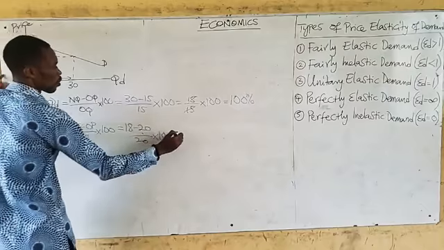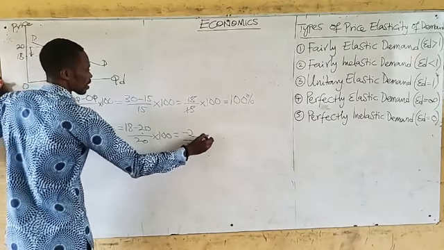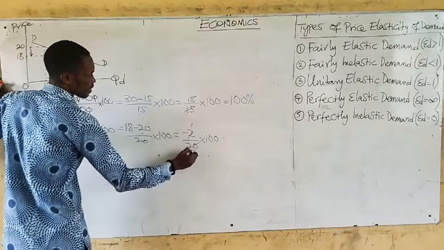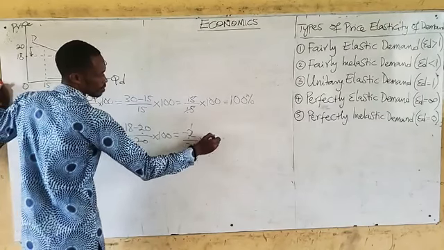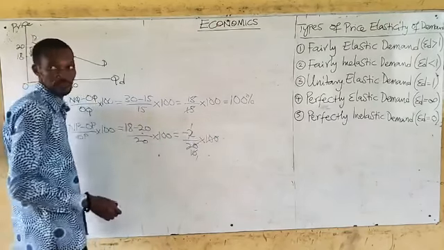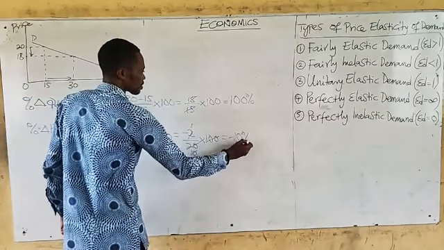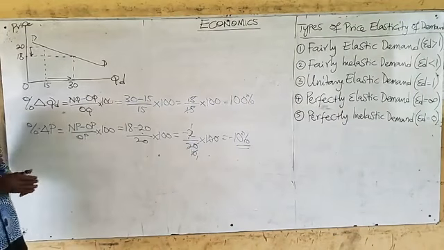That will give you minus 2 divided by 20 times 100. 10 will go to 100 ten times. So that will give you minus 10%. So the percentage change in price is 10%.